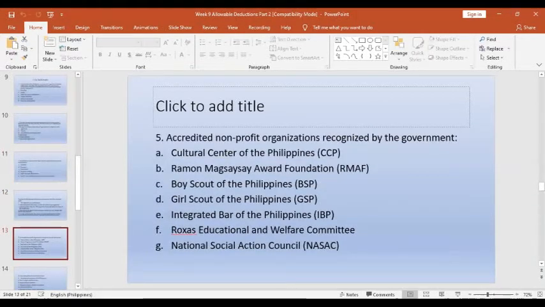Okay? And the charitable contribution is fully deductible if it is donated to an accredited nonprofit organization recognized by the government, such as the Cultural Center of the Philippines, Ramon Magsaysay Award Foundation, Boy Scouts and Girl Scouts of the Philippines, Integrated Bar of the Philippines, ROAS Educational and Welfare Committee, and the National Social Action Council, or the NASA.